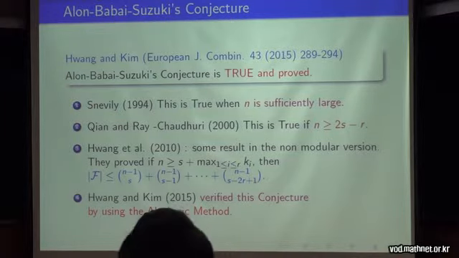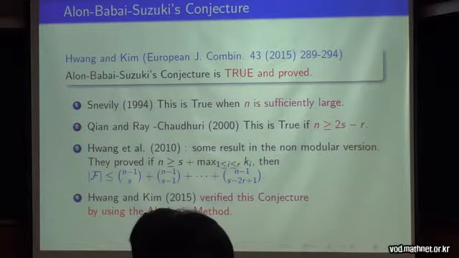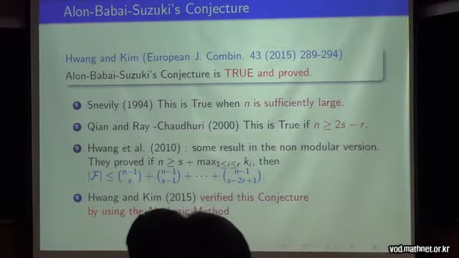In 2010, Hwang and other co-authors considered the non-modular version of this conjecture. And recently, we proved that this conjecture is true. It is joint work with Kyung and Hwang, and it will be published in the European Journal of Combinatorics soon. We proved this conjecture using the algebraic method.